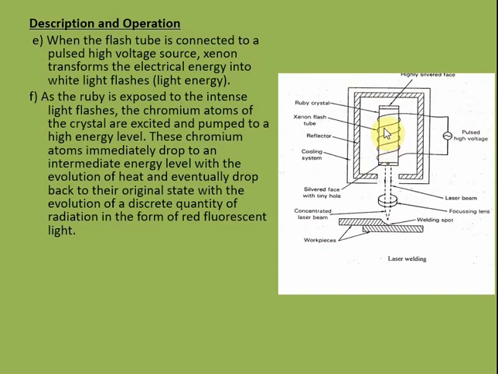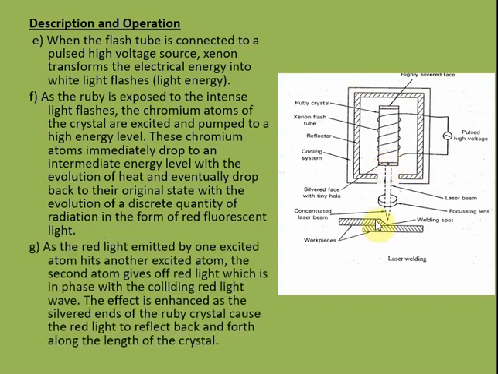After a short interval, these chromium atoms will drop to an intermediate lower energy level with the evolution of some heat, and in the next step the atoms will jump from the intermediate energy level to the initial state with the evolution of a discrete quantity of radiation in the form of red fluorescent light called the laser.